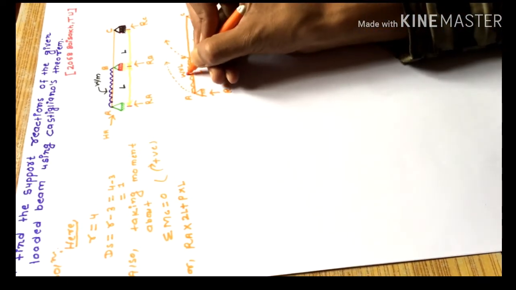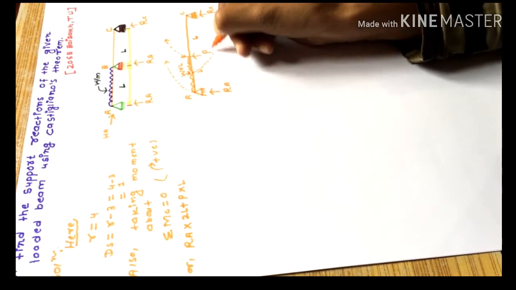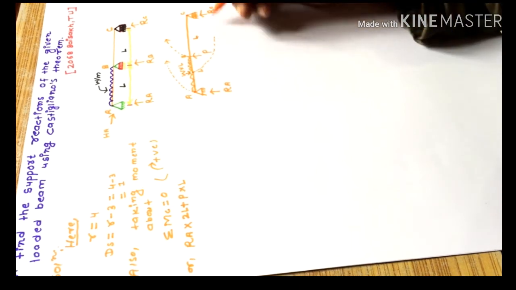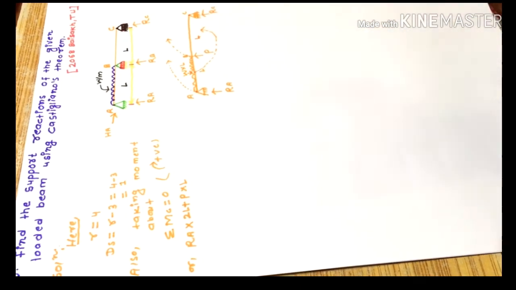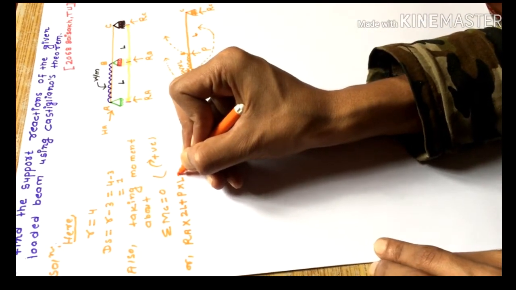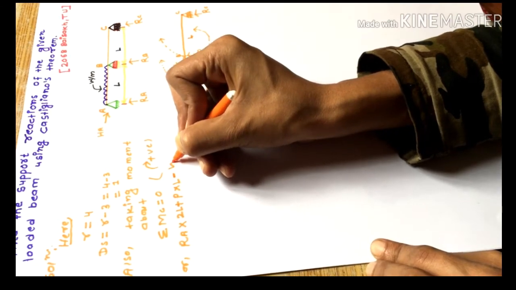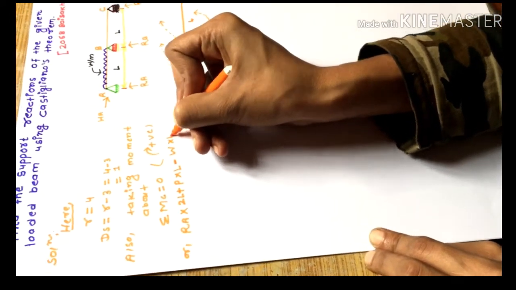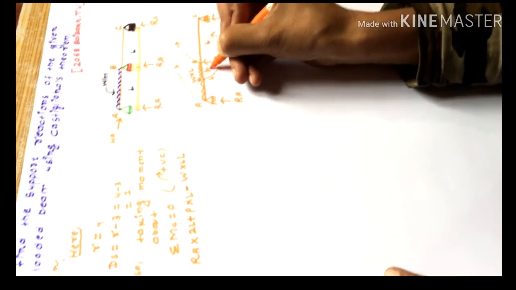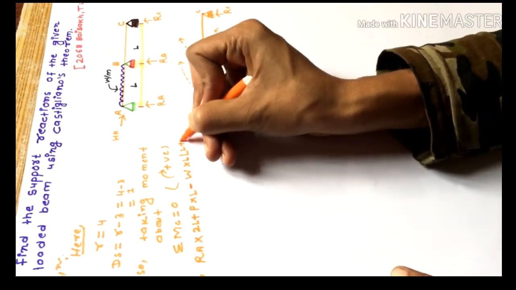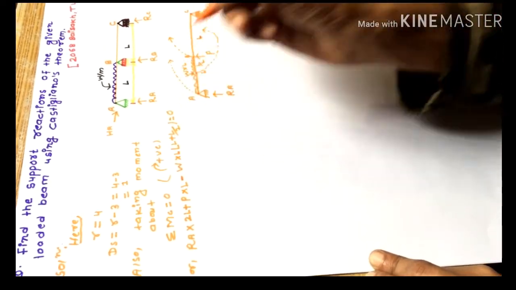This acts vertically downward, and this point load will rotate this figure in the anti-clockwise direction. Here anti-clockwise direction is taken as negative, so W into L multiplied by L plus L by 2 is equal to 0.